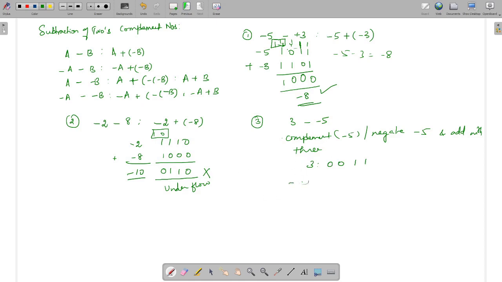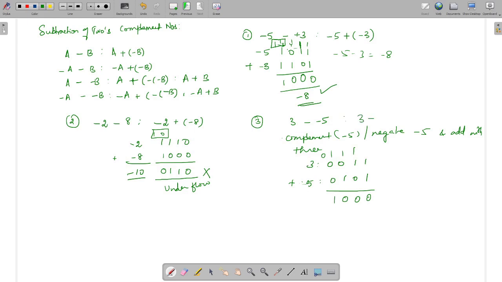So here you add 5. It is 0, 1, 0, 1. Here it is 0, carry 1, 0, carry 1, 0, carry 1, 1, and you have 1, 0, 0, 0. So 3 minus minus 5 is 3 plus 5.